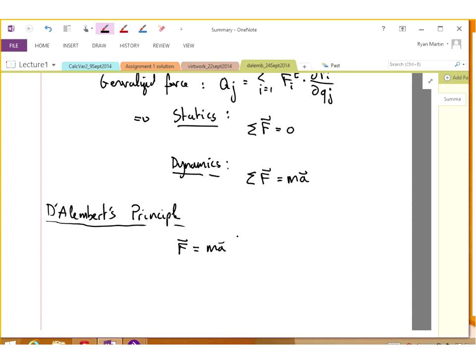And D'Alembert's principle is very simple. You take Newton's law and you just rearrange it. And that's D'Alembert's principle. Pure genius.